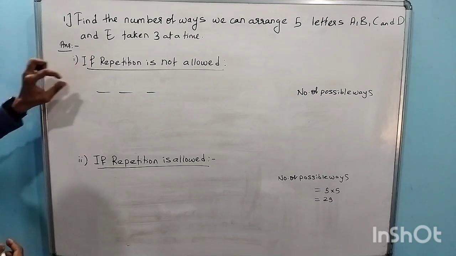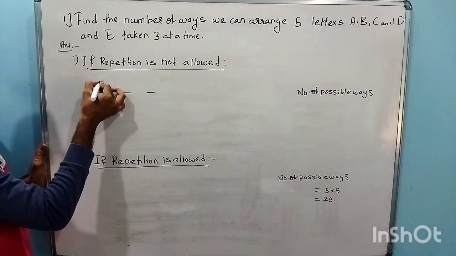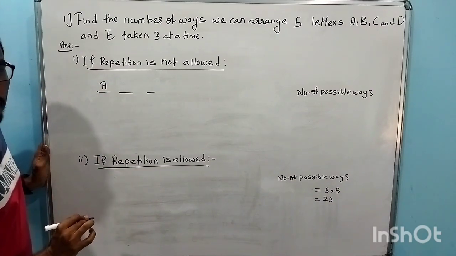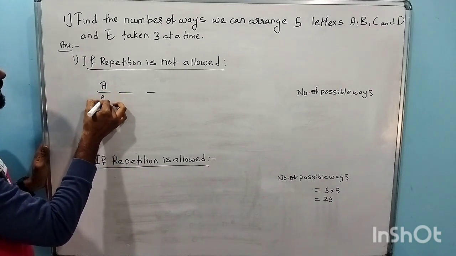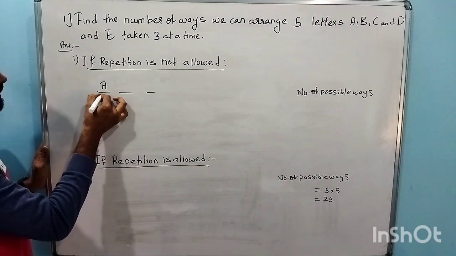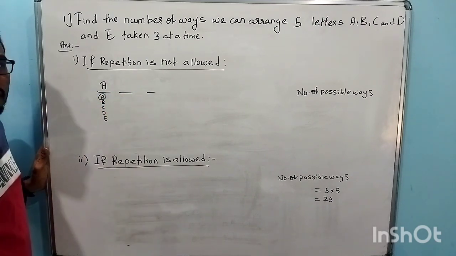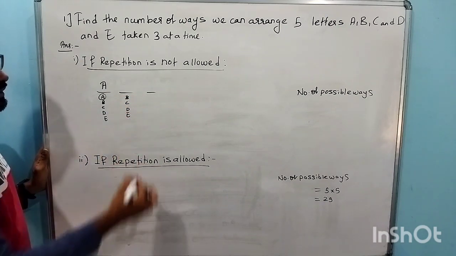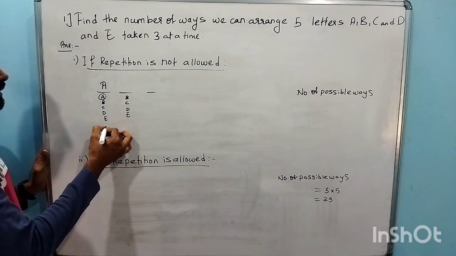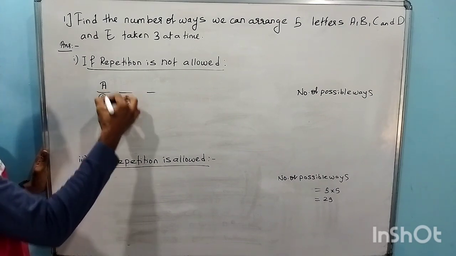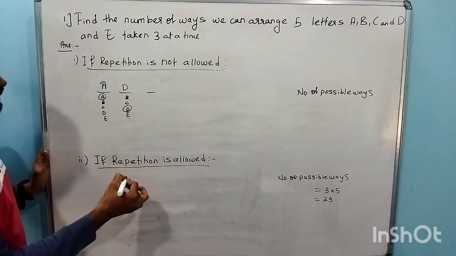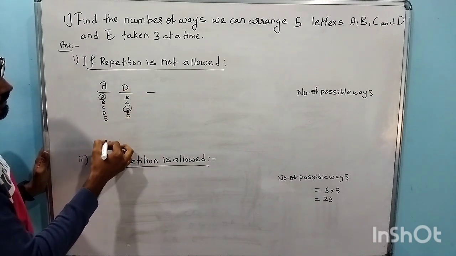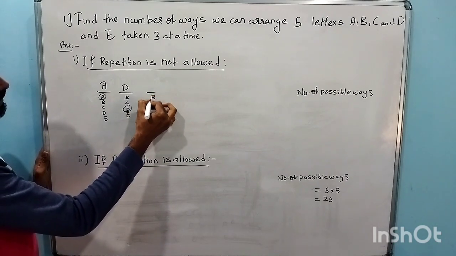After placing this first letter, for example A, out of A, B, C, D and E, if I placed A here, then the second place can be filled in the remaining 4 ways, as we did in the previous problem: B, C, D, E. For example, if I selected D from this, anything I can select, then the third place can be selected in the remaining 3 ways.